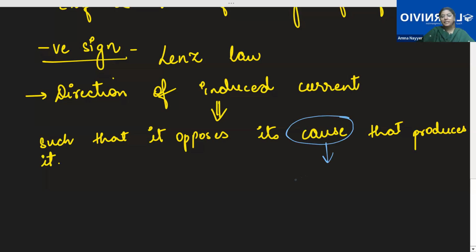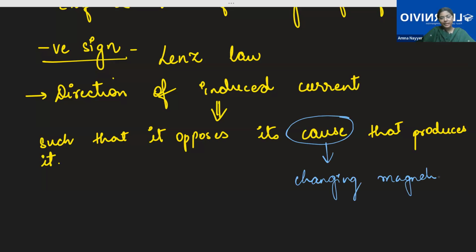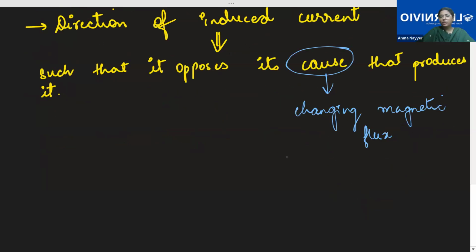Now we know this cause is basically the changing magnetic flux. If you're confused about the changing magnetic flux, you can check whether the magnetic field is changing or not.